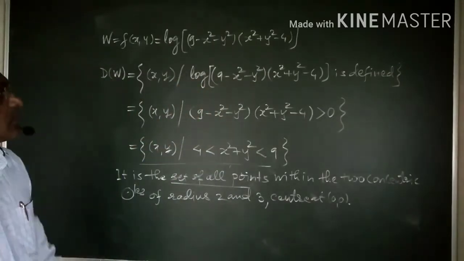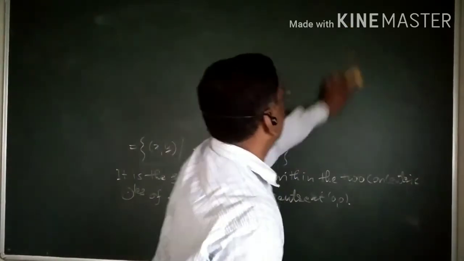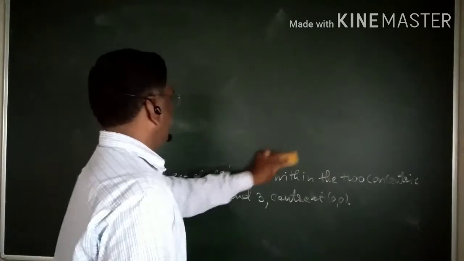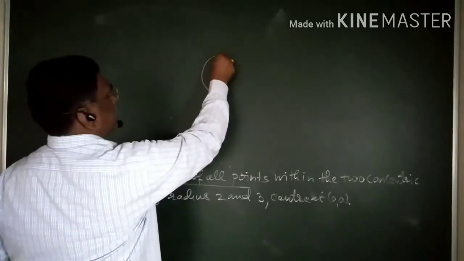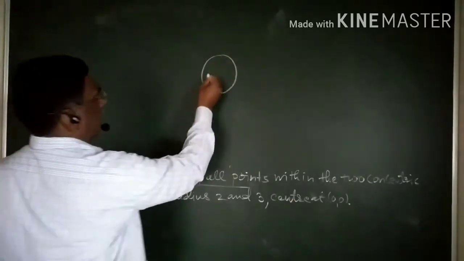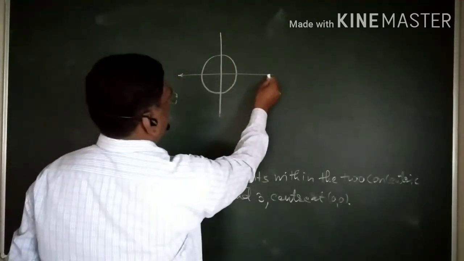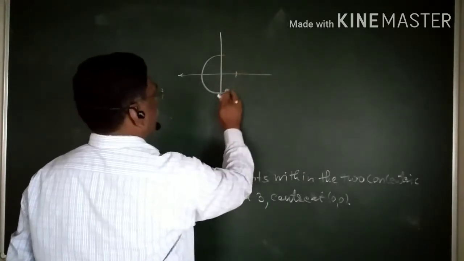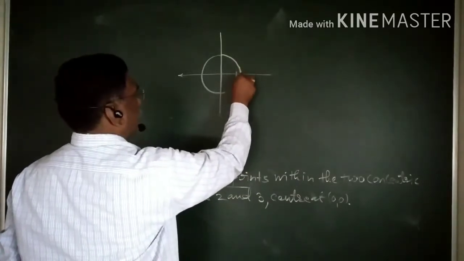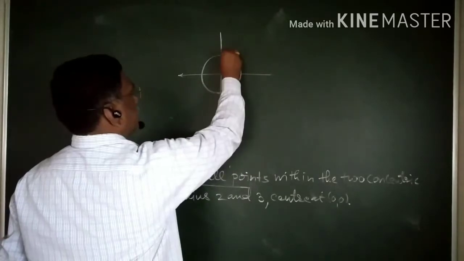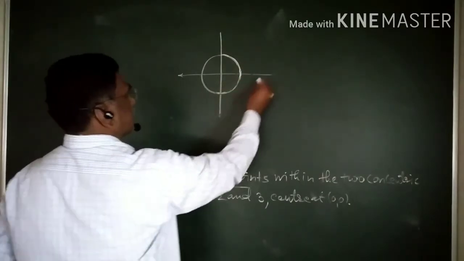Now very quickly let us have a figure of this, and then we will move to the next one. Well, what we have here is a circle. My drawing is not somehow good, therefore you need to consider this as a circle.